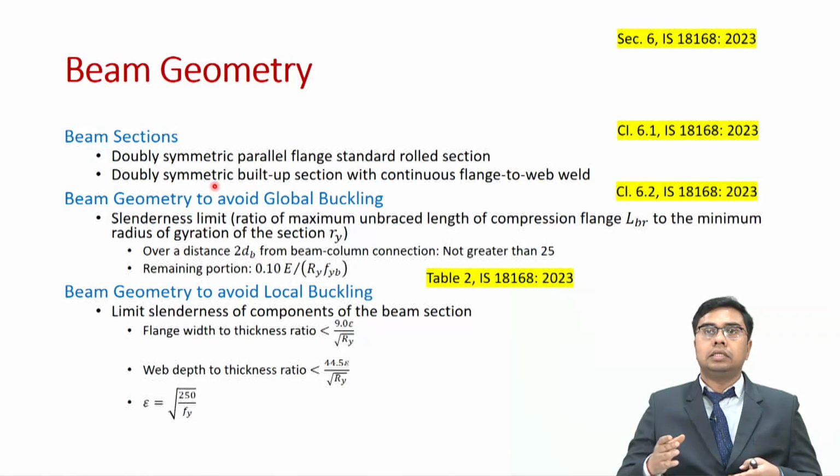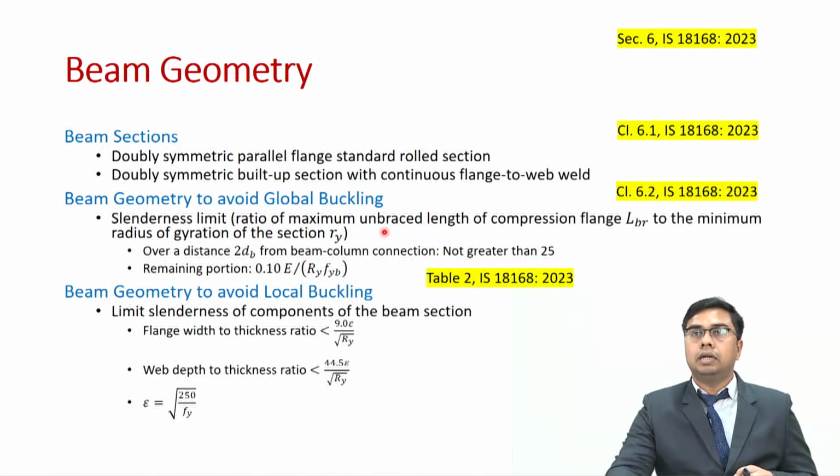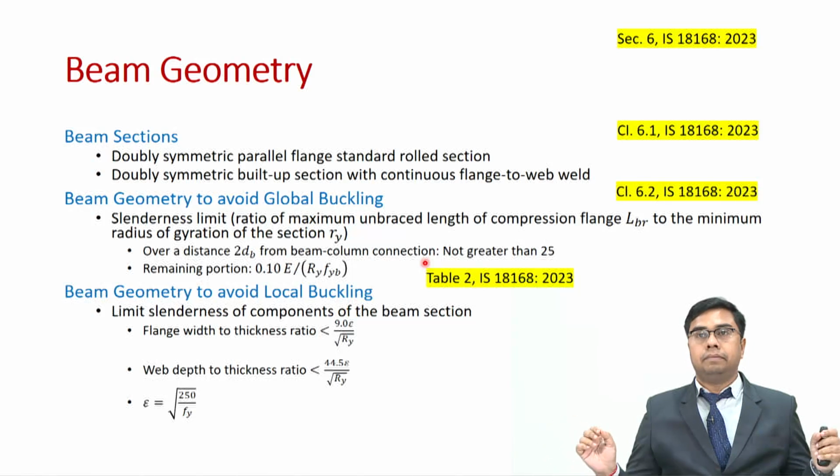So, this slenderness ratio, that is the ratio of maximum unbraced length of the compression flange to the minimum radius of gyration of the section, Ry, should not be greater than 25. This is true over a distance 2b from the beam column connections, that is at the beam end.